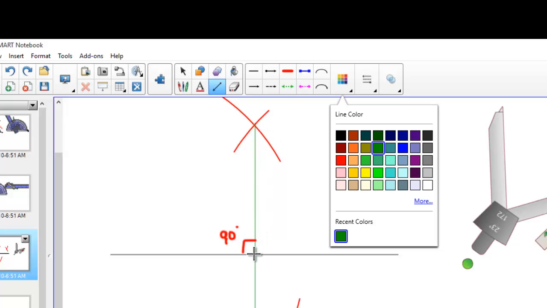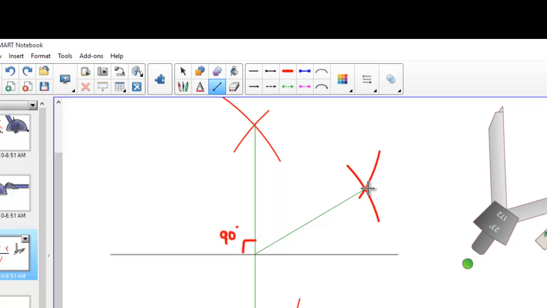Let's say this is an intersection point. I want to make sure that it's passing through the intersection, and another one from here to here. If this is a perfect equilateral triangle, that means this angle is 60.